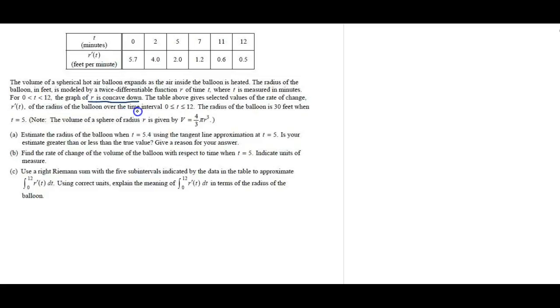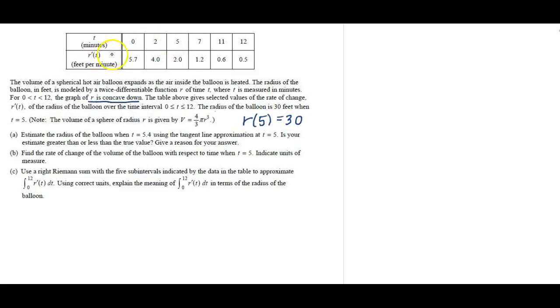So the radius of the balloon over the time interval between 0 and 12, the radius of the balloon is 30 feet when t equals 5. So what I've been given in this last statement: the radius of the balloon is 30 when t equals 5. So r of 5 equals 30. And that's not in the table, right?